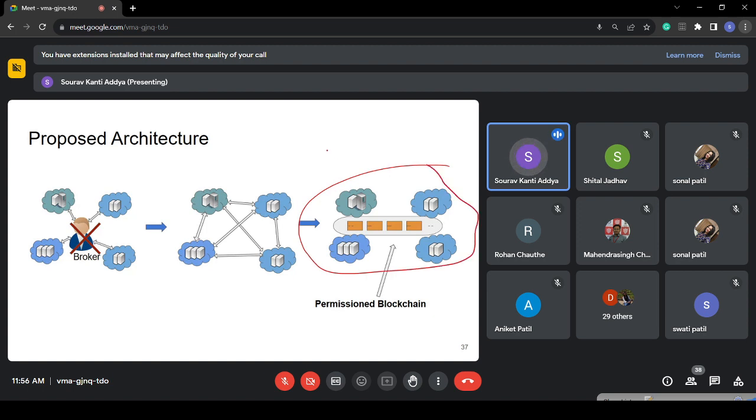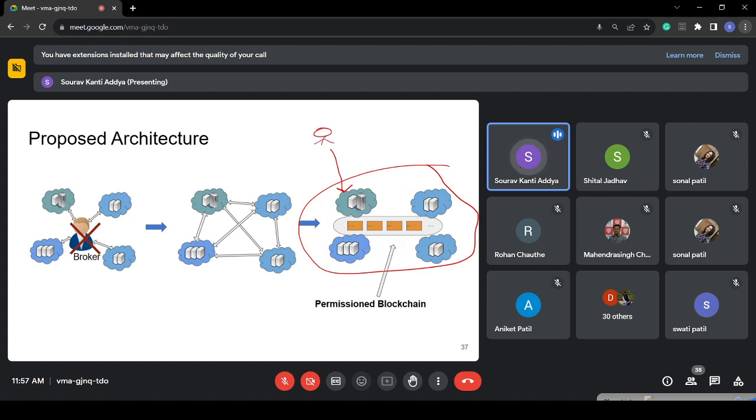Let's say one service request came to this particular service provider, and it doesn't have the resources to serve the user who is asking for the service.